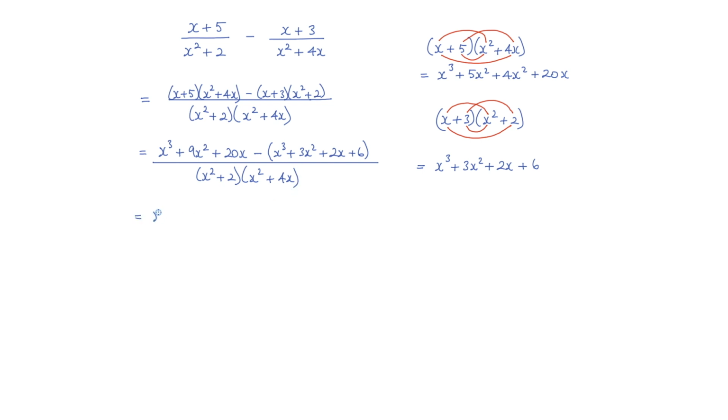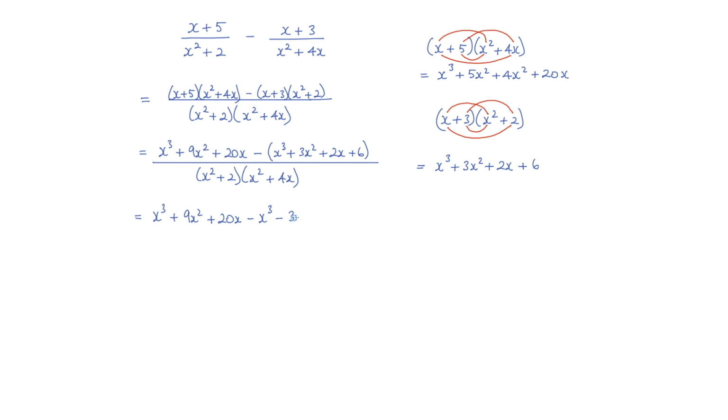Okay, so as before, we've still got the x cubed. We've got 9x squared. We've got the plus 20x. And now we can deal with this negative with each of these terms here. So we're going to get negative x squared, or x cubed rather, so minus x cubed. We've got the negative here and the positive here, so we'll get another negative.